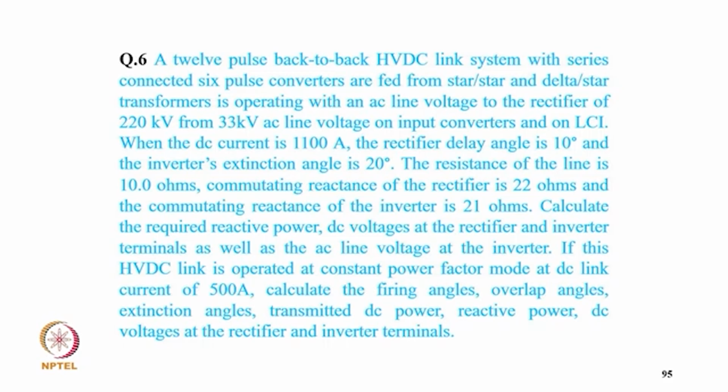The resistance of the line is 10 ohm, the commutating reactance of the rectifier is 20 ohm and the commutating reactance of the inverter is 21 ohm. Calculate the required reactive power, DC voltage at the rectifier and inverter terminals, as well as the AC line voltage at the inverter. And if the HVDC link is operated at constant power factor mode at a DC link current of 500 ampere, calculate the firing angle, overlap angle, extinction angle, transmitted DC power, reactive power, and DC voltage at the rectifier and inverter.